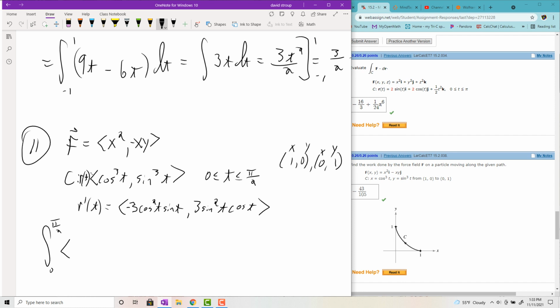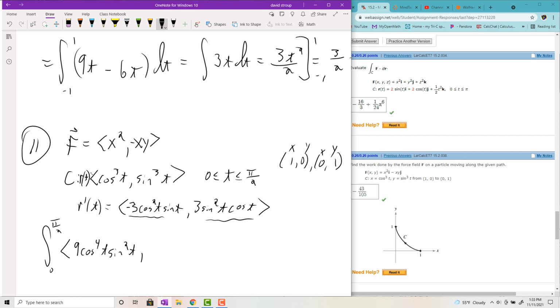I need to rewrite my force field function with the components plugged in. So I'll have 9 cosine to the 4th t sine squared t, and I'm starting to freak out because this looks like a nightmare.